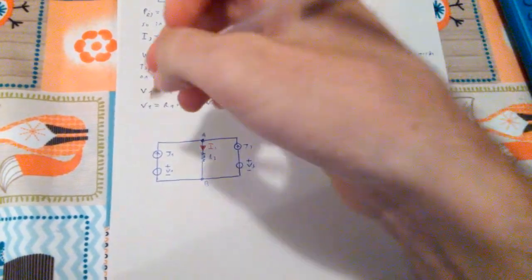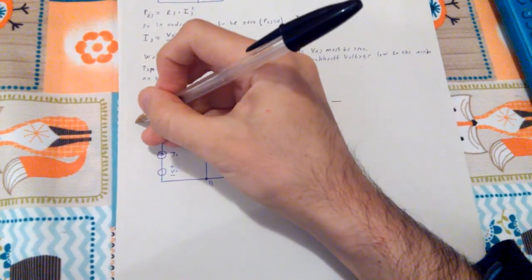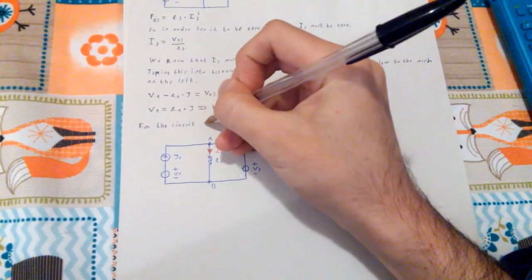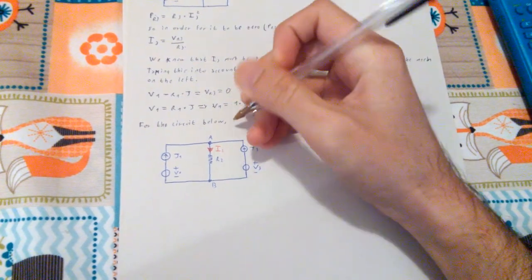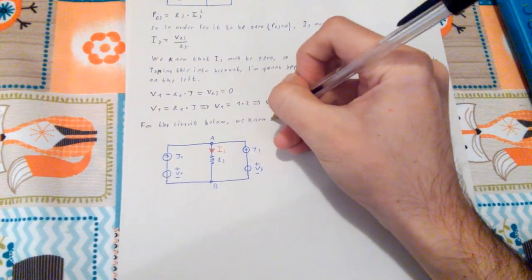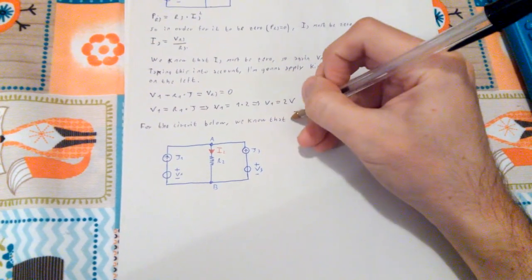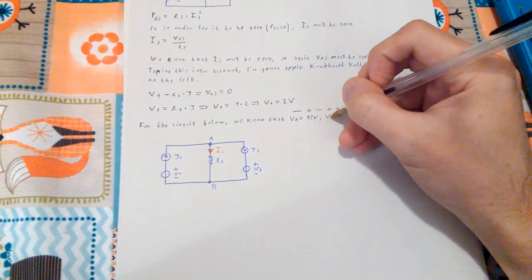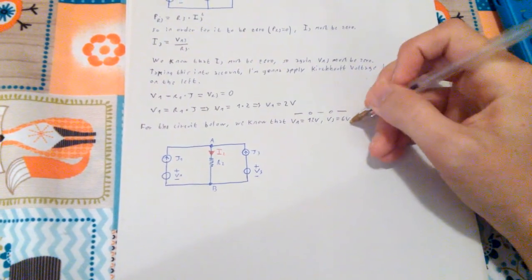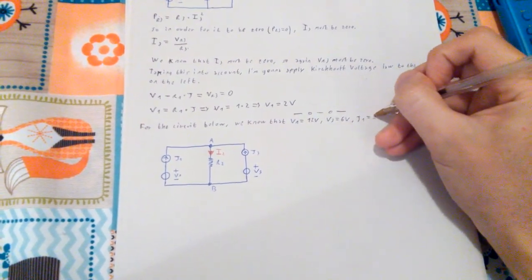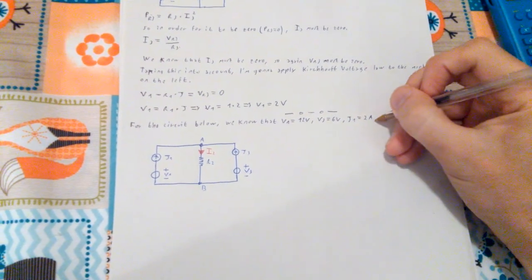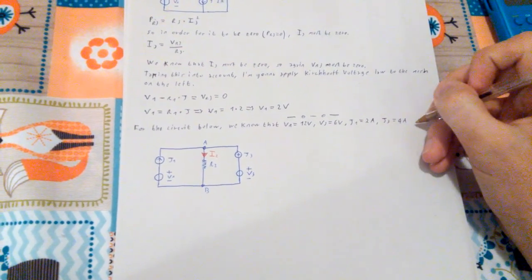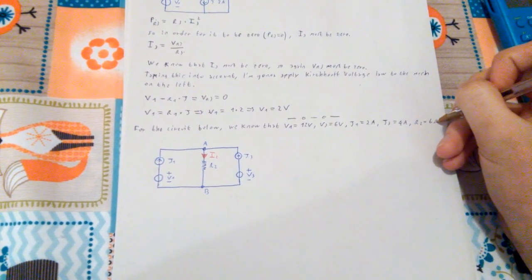So this time the problem is saying, for the circuit below, we know that V1 is equal to 12 volt, V3 is equal to 6 volt, J1 is equal to 2 amps, J3 is equal to 4 amps, R2 is equal to 6 ohm.